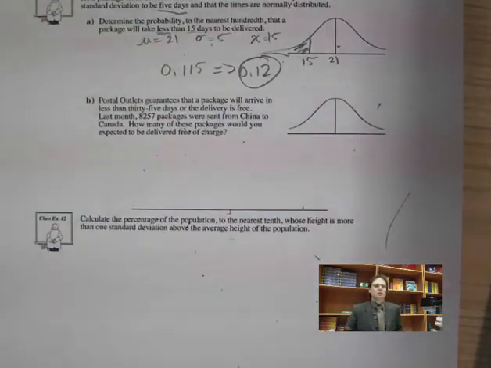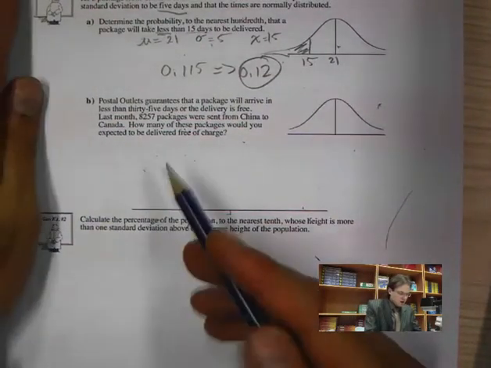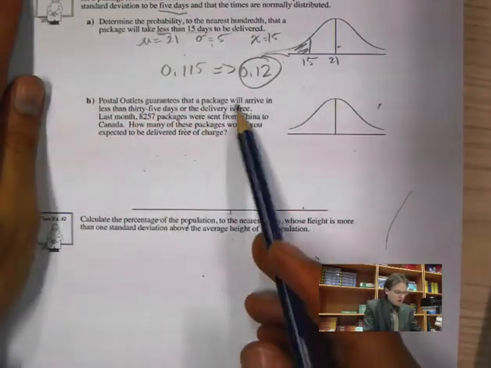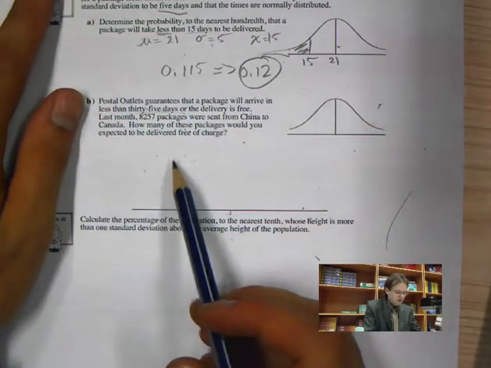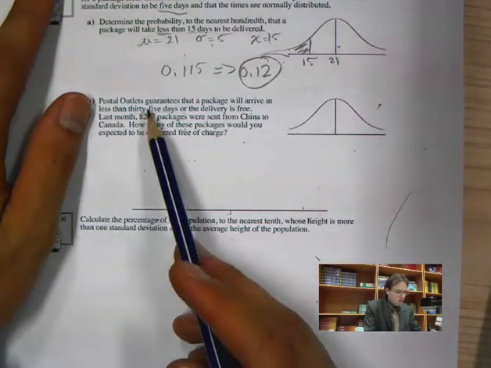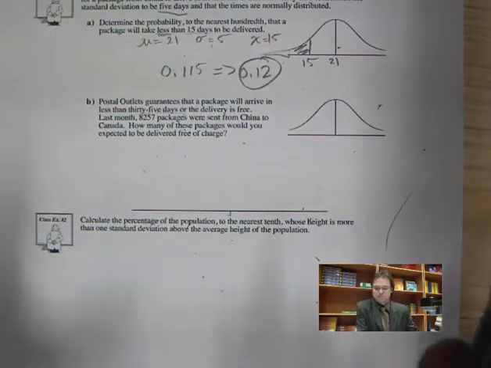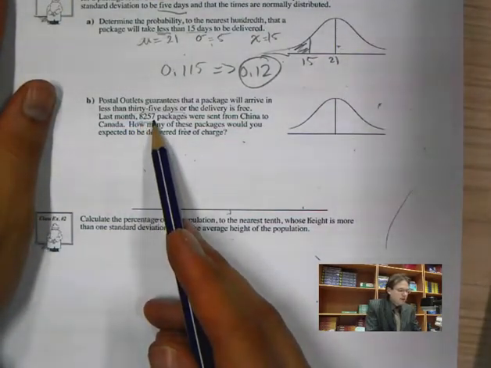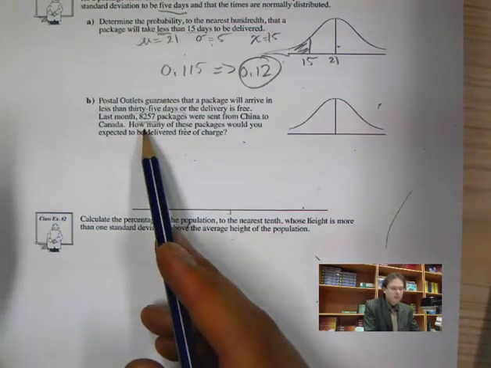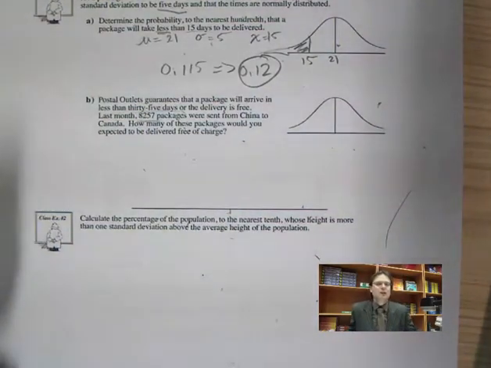Okay, let's look at B. B is a bit different. It says postal outlets guarantee the package will arrive in less than 35 days, or else it is free. Last month, 8,257 packages were sent from China to Canada.